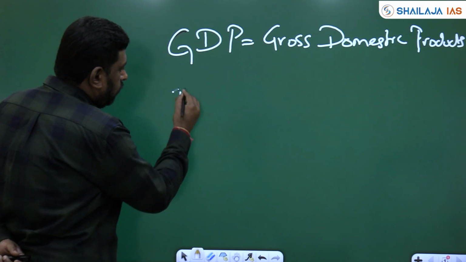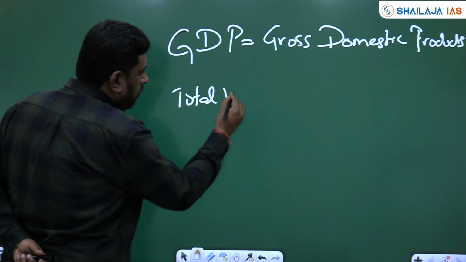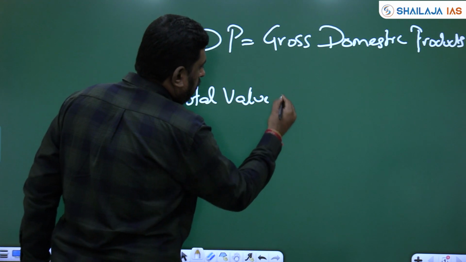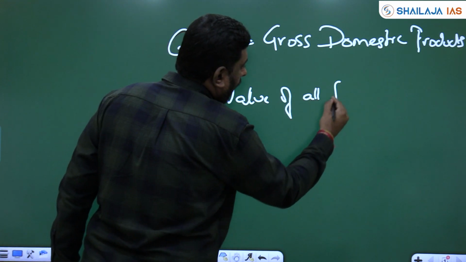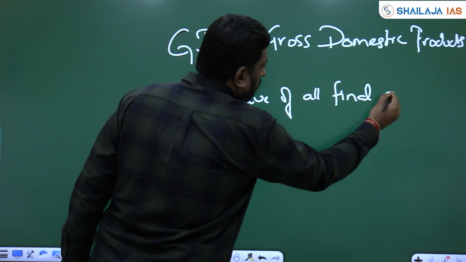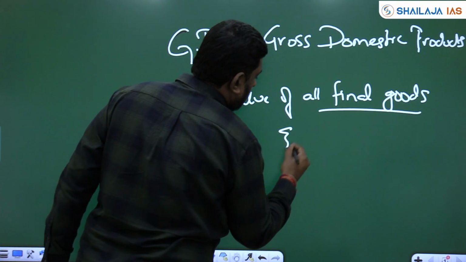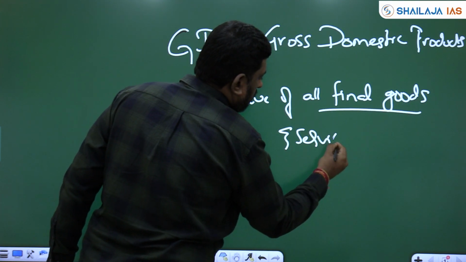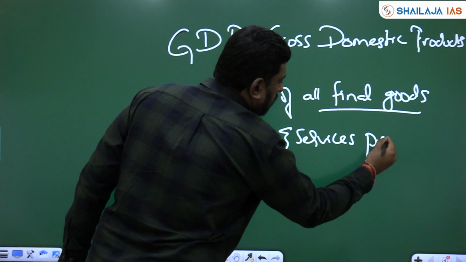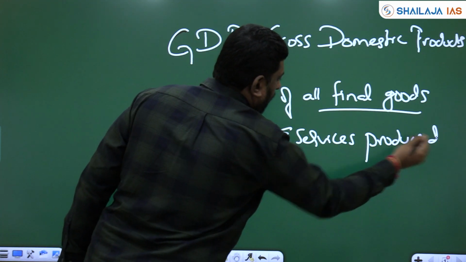Okay, so that is the total value of all final goods and services. This word final is important. Goods and services produced in a country in 1 year.